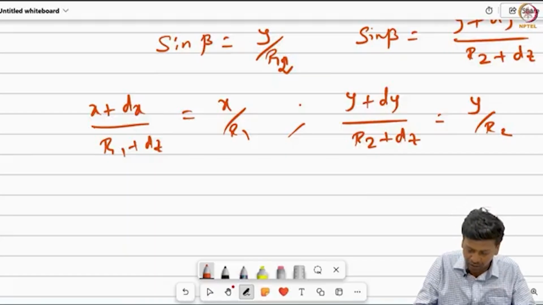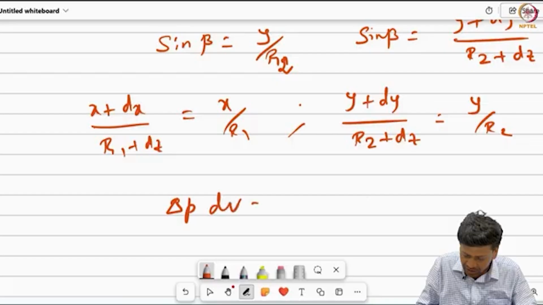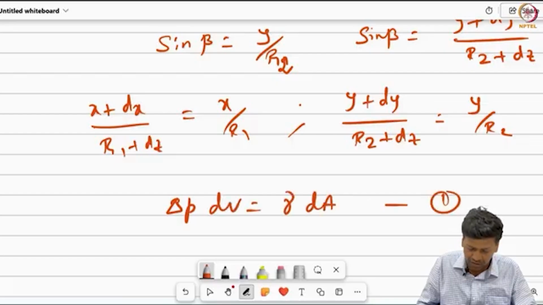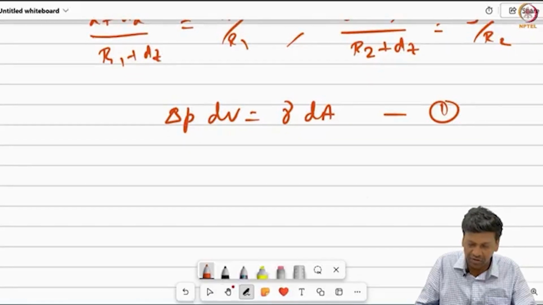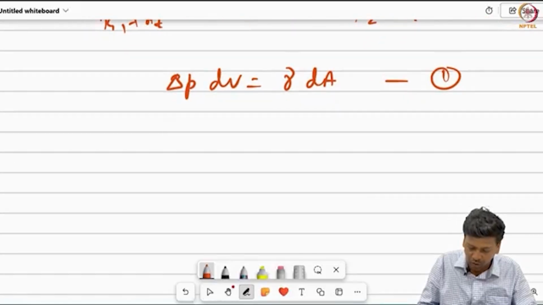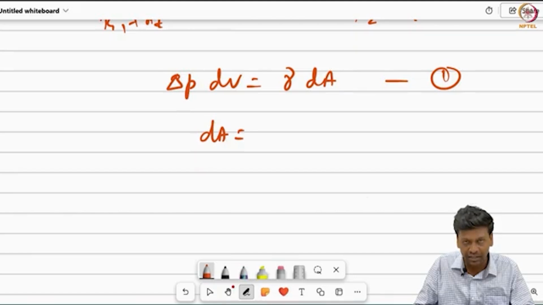Now we go back to the equation that we initially started with, that is delta p dV equal to gamma dA. This is our governing equation. Now we know what dA is: dA is the change in area.